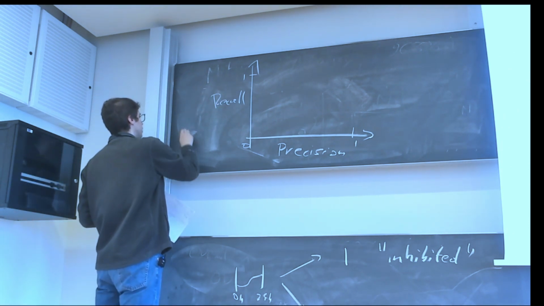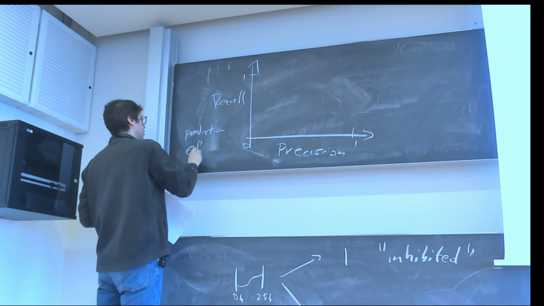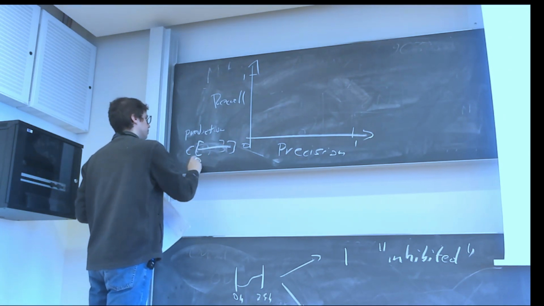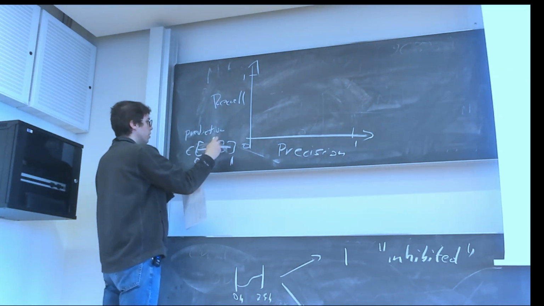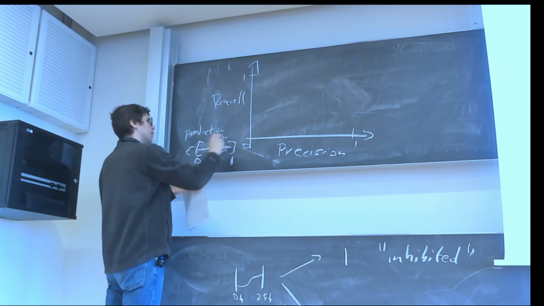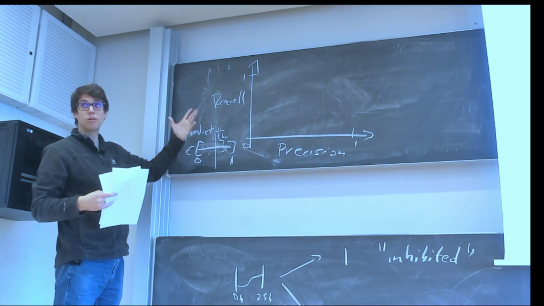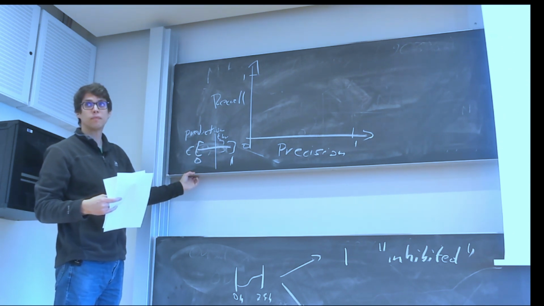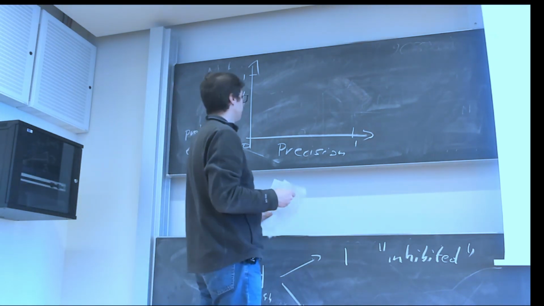The predictions will be between 0 and 1. This is what the model will give. And then we're going to have a rule that says there's some threshold: if the value that we're outputting is below the threshold, then we're saying it's 0, it's a negative one. We're not inhibited. And if it's above the threshold, then we're saying we're inhibited. This restricts the class of models, but all of our models will be of that form.